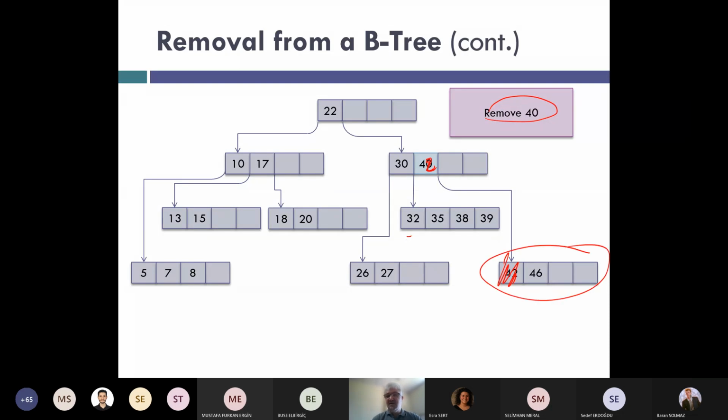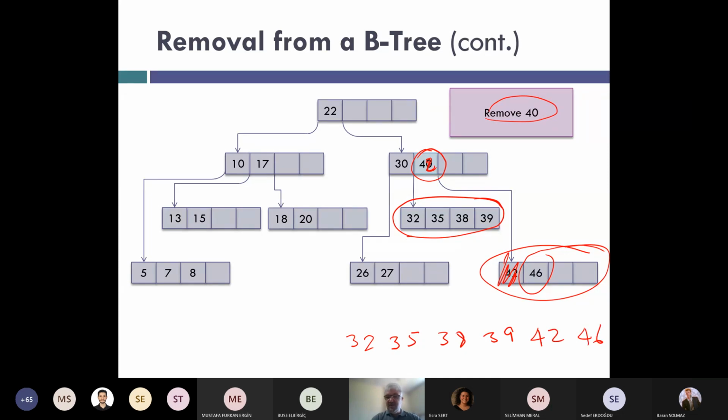This becomes less than half full. We have to use the left sibling, root value and this value together: 32, 35, 38, 39, 42, and 46 together.